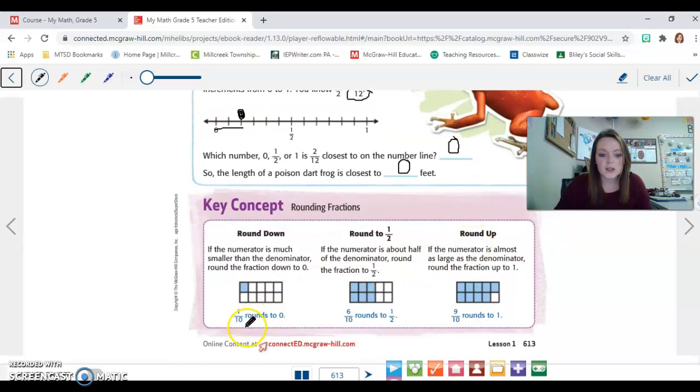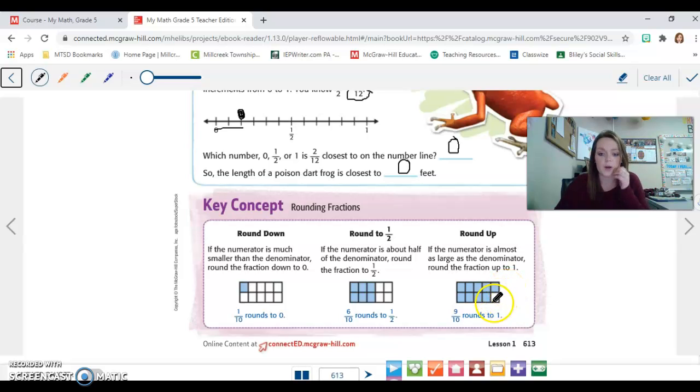If you look down here, this shows you how to round down, how to round to 1/2, and how to round up. Let's look at round down. If the numerator is much smaller than the denominator, like 1/10, round the fraction down to 0. Round to 1/2: if the numerator is half of the denominator, round to 1/2. So we have 6/10, which rounds to 1/2. And we can round up when the numerator is almost as large as the denominator.